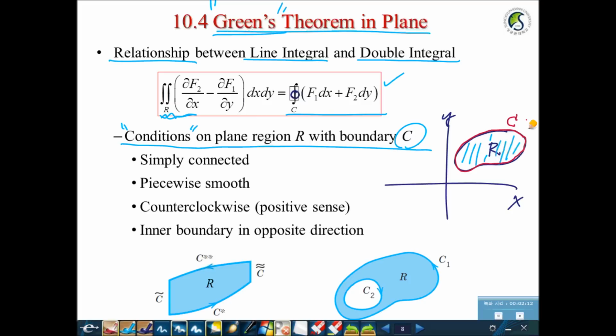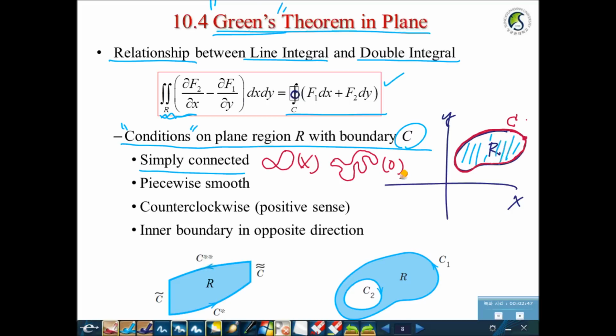Then we have some conditions. First, C has to be simply connected, like this. It starts from a certain point and ends at a certain point. That's simply connected. This is not simply connected: if you have a crossover, it isn't simply connected. But no matter how complicated the curve is, as long as it doesn't cross, that's simply connected.